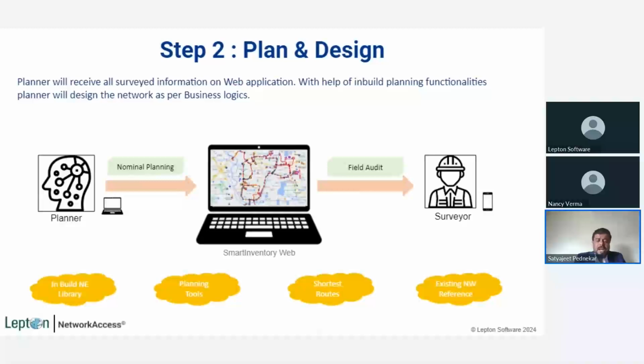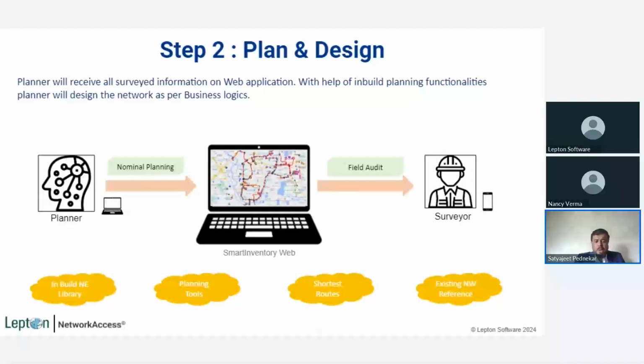And when I say entity, it comes with default attributes. For example, for a fiber cable, how many cores the fiber has, which cores are utilized, what make of fiber it is. All those attributes are already attached under the network entity library.